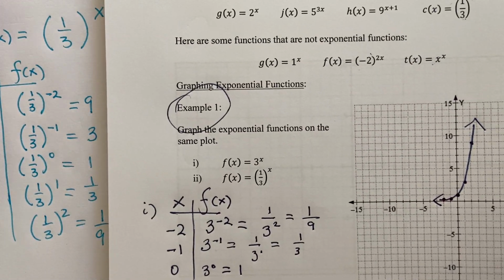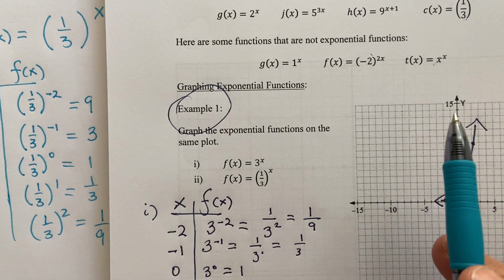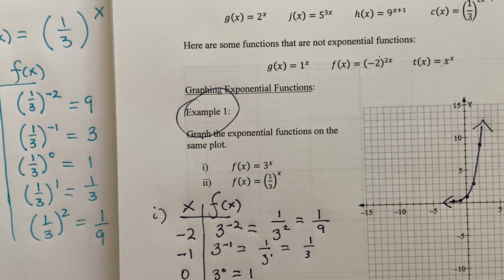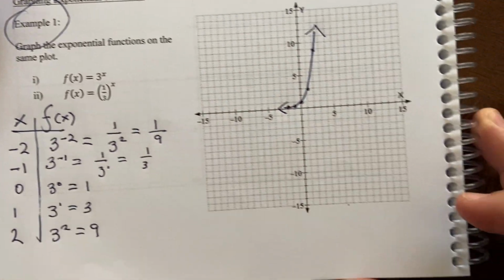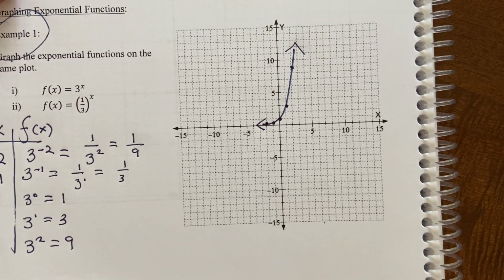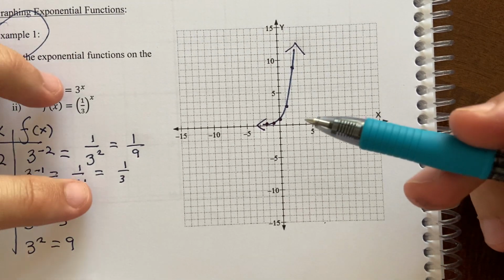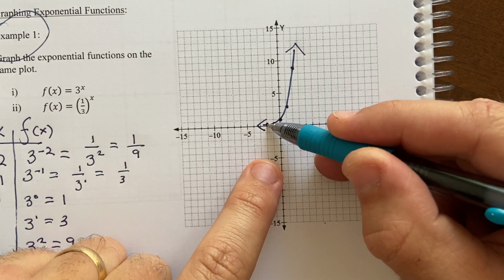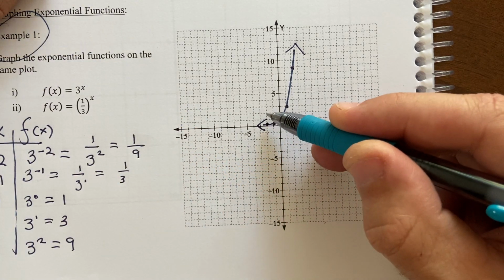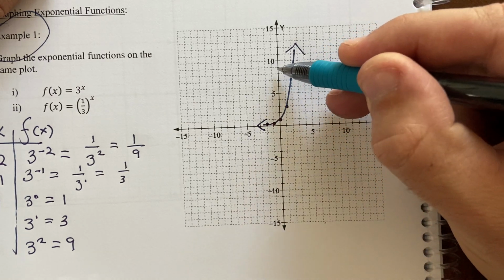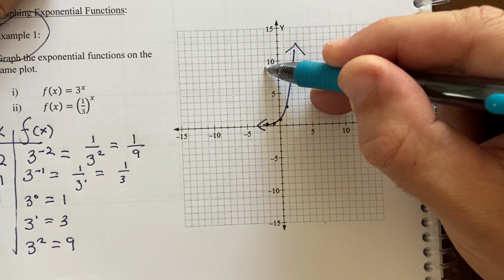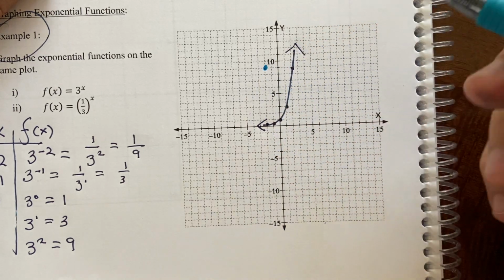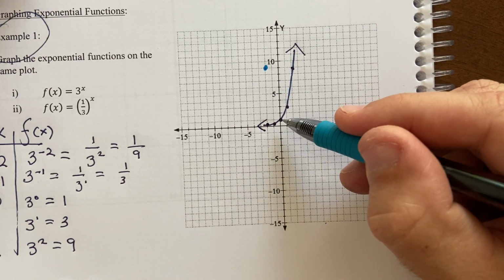So I'll take these outputs and I'll plot them over here. So let's see, this is really difficult to do. So I'm just going to show you these. I have -2 and 9, so -2 and 9 right there. -1 and 1/3.